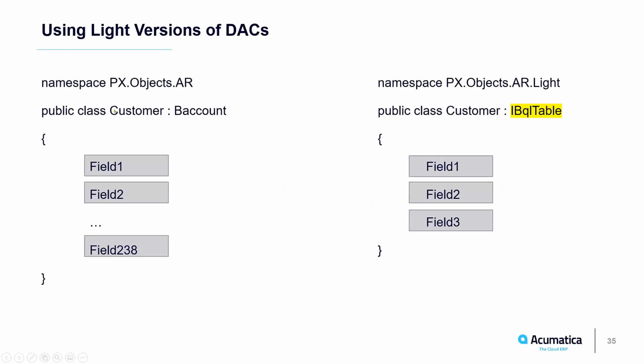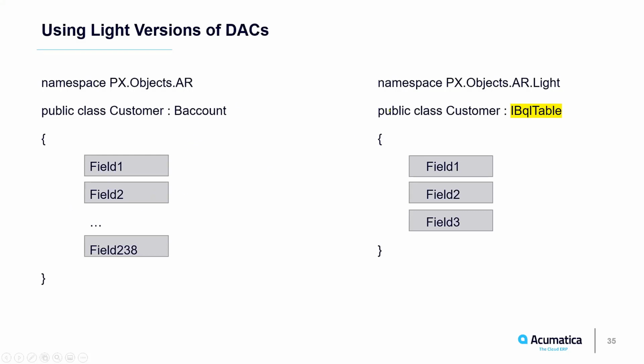Let's imagine we have a Customer data access class that is derived from the BAccount data access class, and it has, let's say, 238 fields. I just made it up. I don't know how many fields there are in the customer table, but that seems realistic. Now, if we are going to select that, first of all the attributes on all those fields will be triggered. We will also have the join to BAccount, as we know, etc.